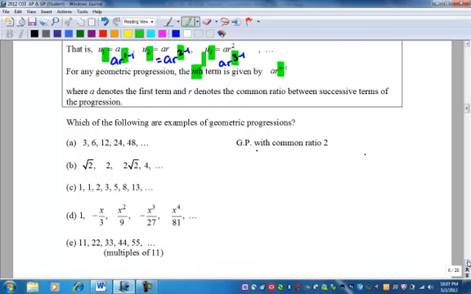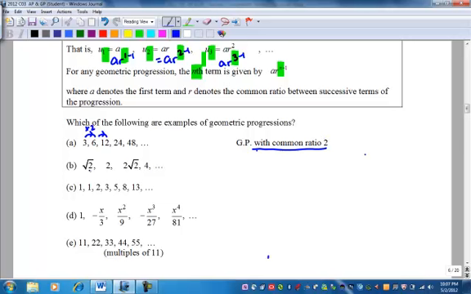Take a look at the sequences A to E. Are you able to identify the geometric progressions? For A, we can observe that we multiply by 2 from one term to the next. So the first one is a geometric progression with common ratio 2. How about the second one?